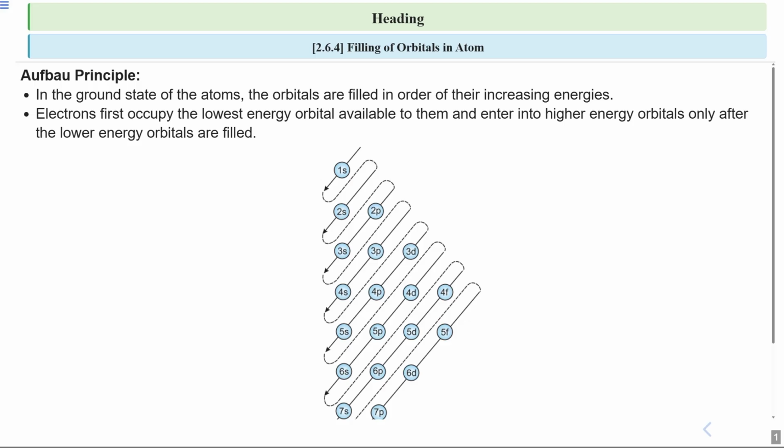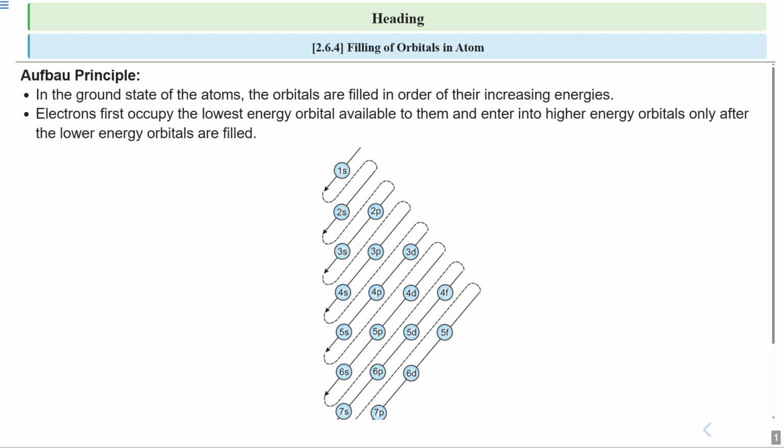Okay, if you talk about the above principle, it is seen that if you are filling up the electrons, then the ground state of the atom will have the electrons filled in first. We have already seen how we distribute the energy. We know very well that 1s has the lowest energy, then 2s, then 2p, then 3s, 3p, 4s and so on.